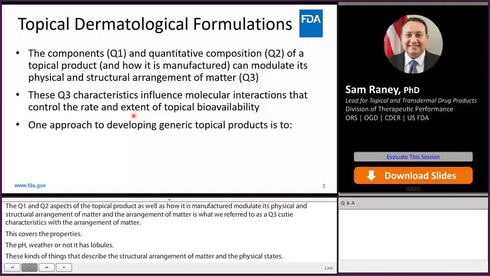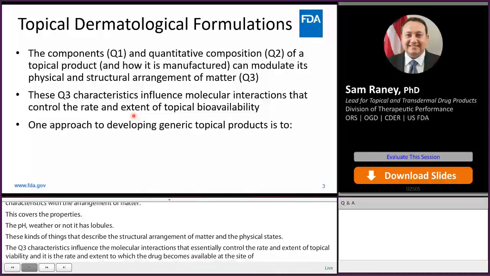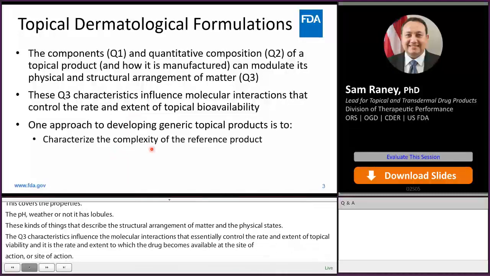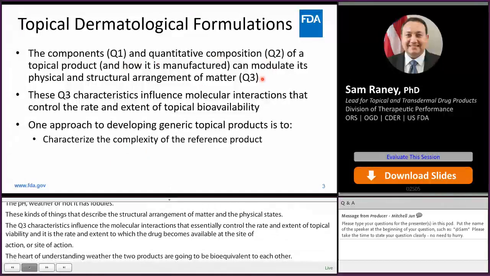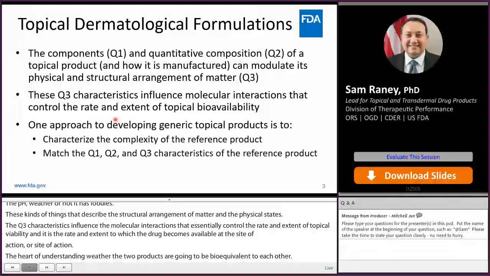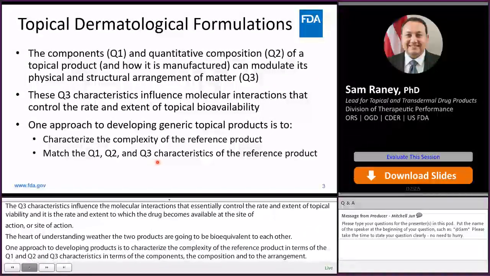So one approach to developing generic topical products is to characterize the complexity of the reference product in terms of these Q1, Q2, and Q3 characteristics, in terms of the components, the composition, and the physical and structural arrangement of matter, and then to match the Q1, Q2, and Q3 characteristics of the reference product.